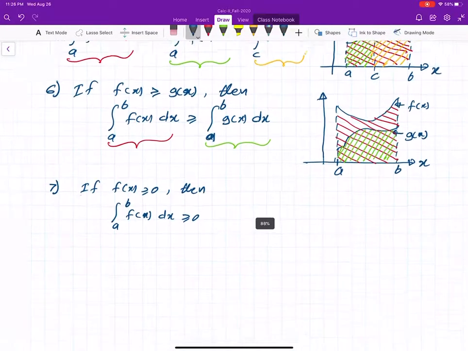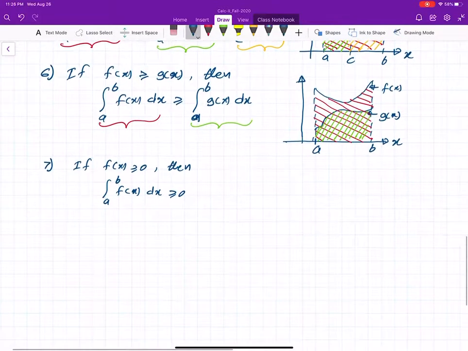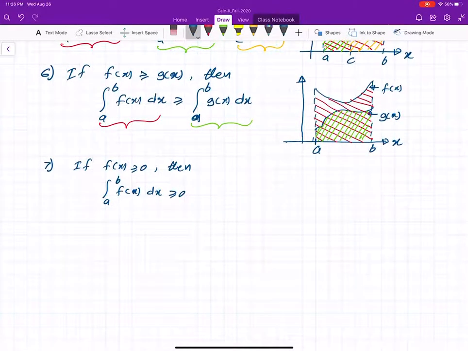Right. Here what I'm explaining is, if the function is above the x-axis, let's say you have this function which is above the x-axis, it can touch the x-axis or be above it.